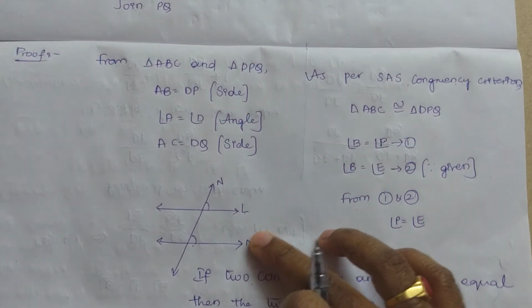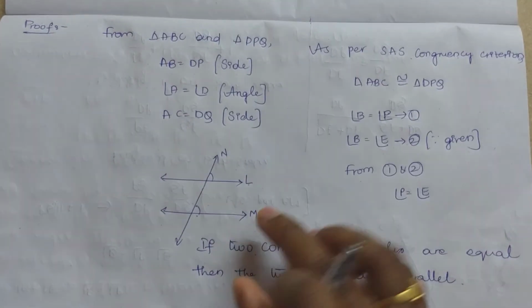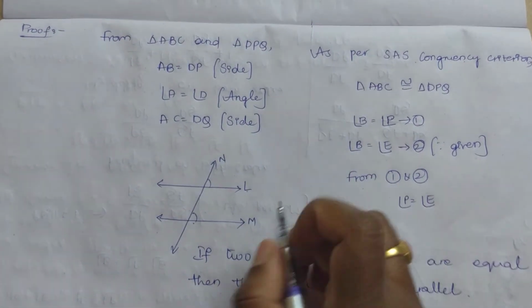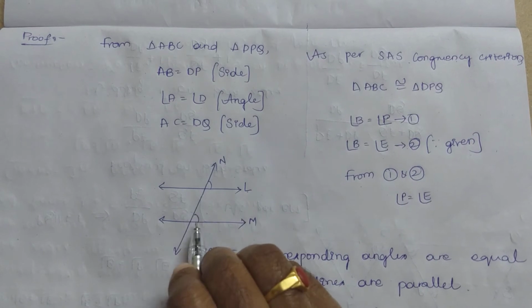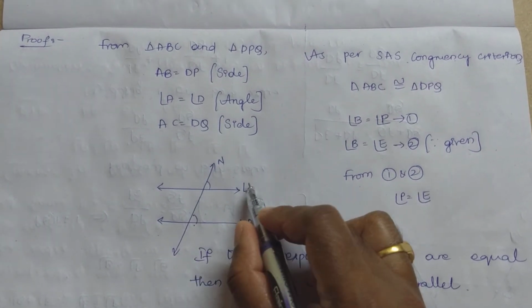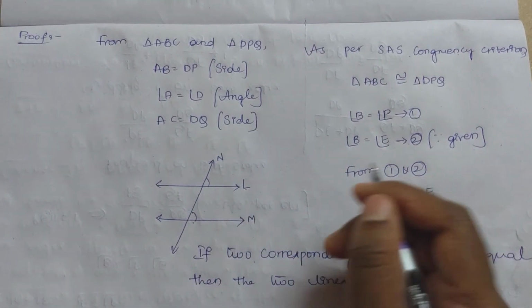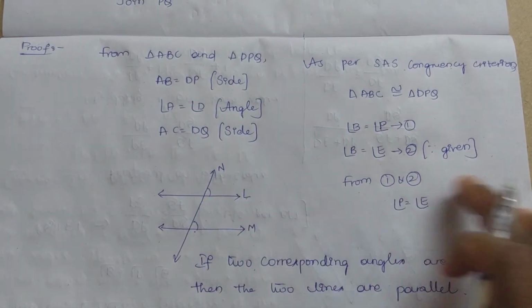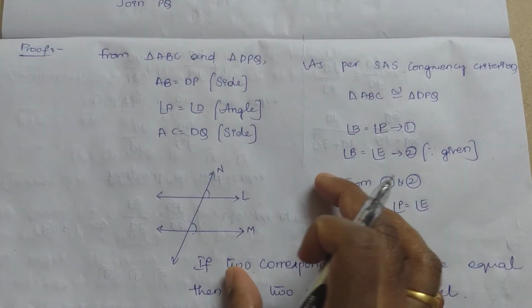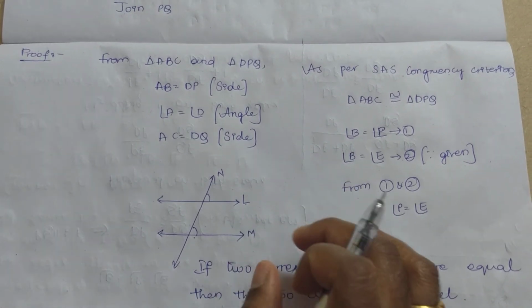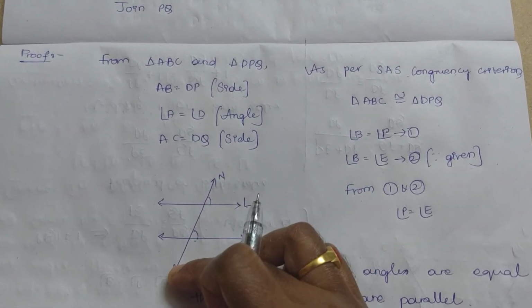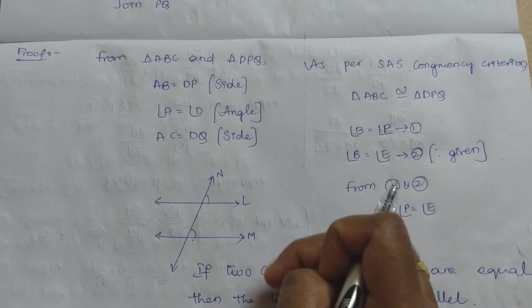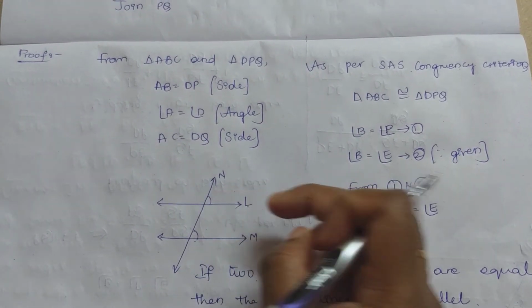As per the parallel lines concept, when two corresponding angles are equal, then the lines are parallel, and vice versa. When two lines are parallel, then their corresponding angles are equal. This concept we have learnt in class 6. When N acts as a transversal and L and M are straight lines, and corresponding angles are equal, the lines are parallel.